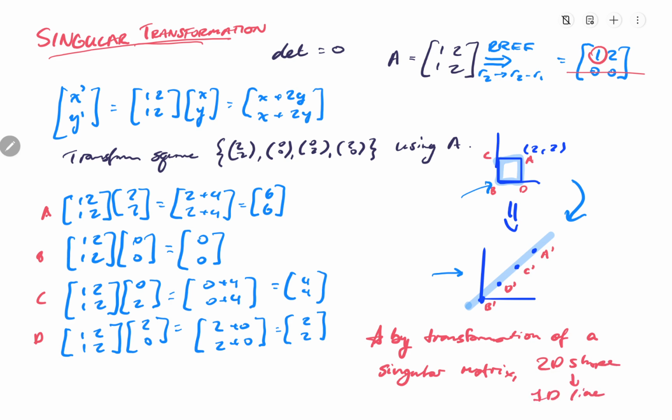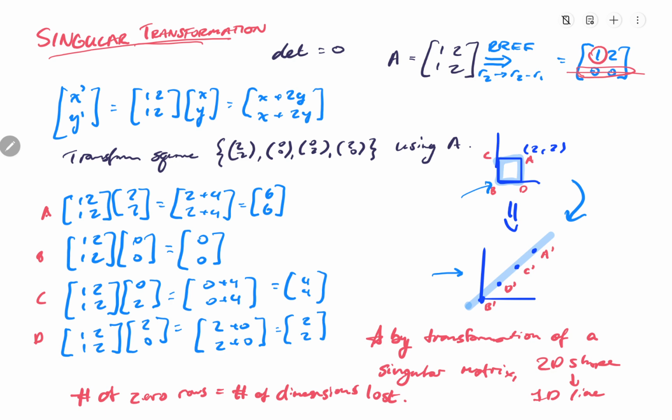So the number of zero rows is equal to the number of dimensions lost, or killed, or eliminated.